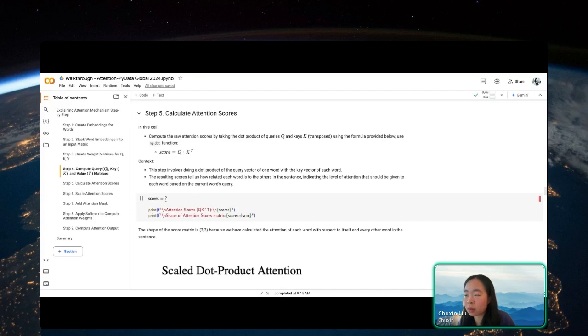In this cell, we compute the raw attention scores by taking the dot products of Q and K. Remember, Q is 3 by 8 and K is also 3 by 8. So we need to transpose K so that we can take dot products. And then after that, we will use the np dot function.